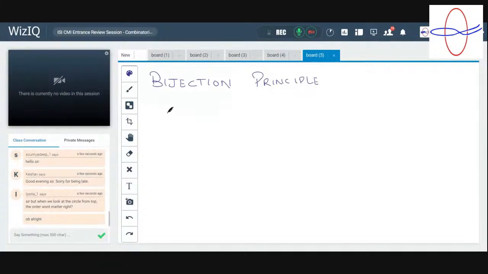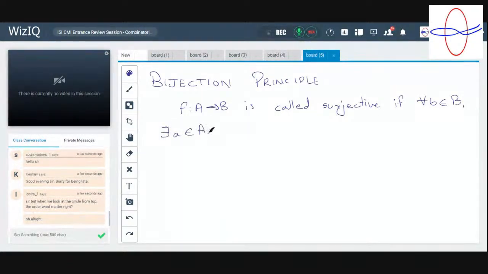So I need to define surjection first, though I hope all of you know that beforehand. f from A to B is called surjective if for all b in the codomain, there exists some a in the domain such that f(a) is b.